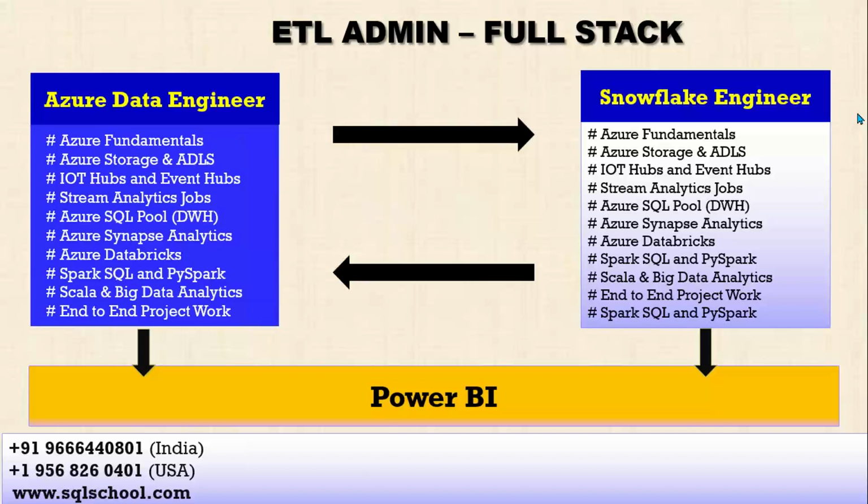I know you suggested DP 300. I am already certified in DP 300. Do you suggest anything else? You can do DP 500 next. Those two, blue and orange on the screen, are equal to DP 500, the data platform 500.